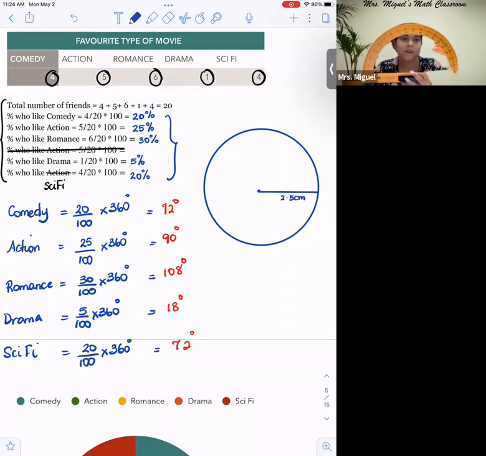So right. So we have the semicircle. Do you all have this? If you don't have it, please go and get it. So this is called a protractor.